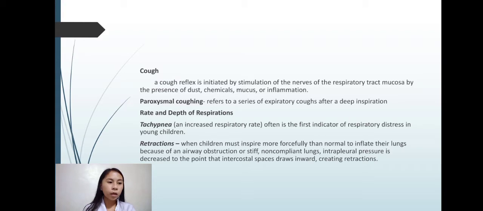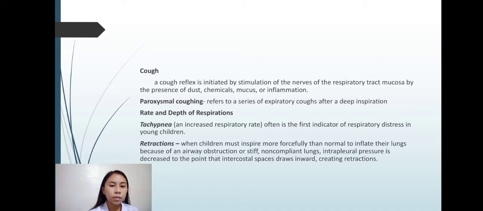Coughing is an automatic reflex that helps your body get rid of extra mucus, bacteria, and other foreign substances. Coughing can also be a symptom of underlying lung disease such as asthma or cystic fibrosis.